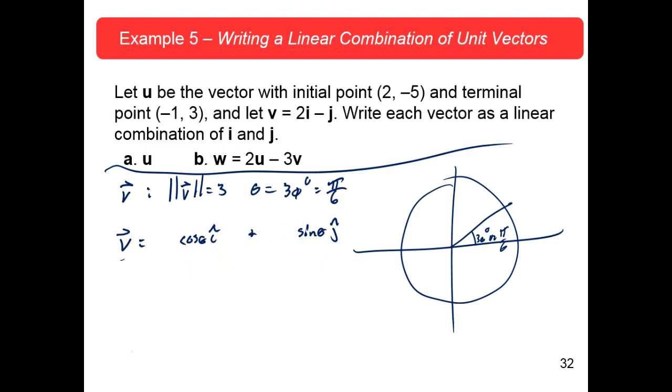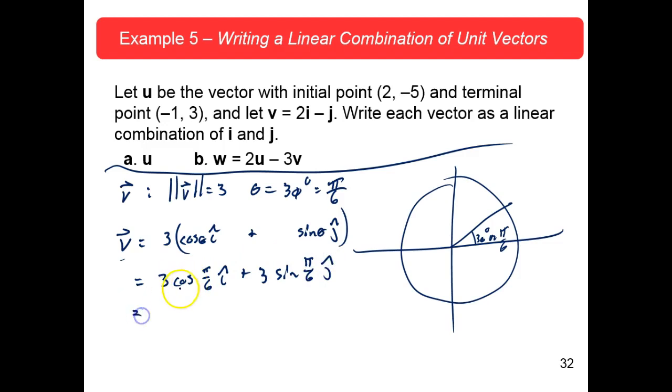Multiply it by 3, don't we? So that would be 3 times cosine of, do you prefer 30 degrees or pi over 6? Pi over 6, okay. Pi over 6 i plus 3 times sine of pi over 6 j.